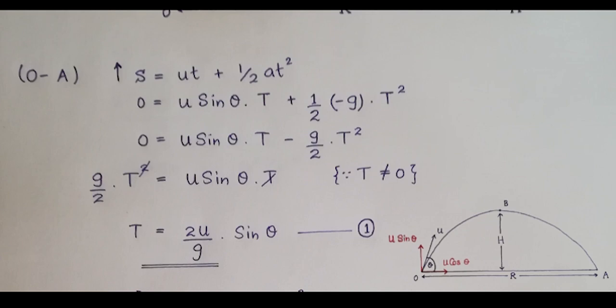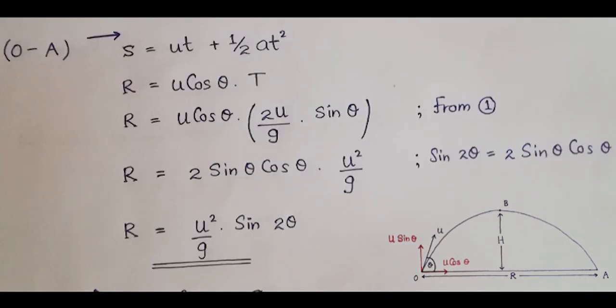Then I am going to find the range of this motion. Again I apply the same equation from O to A but in the horizontal direction. From O to A horizontally there is a displacement that is labeled as r, which is the range.